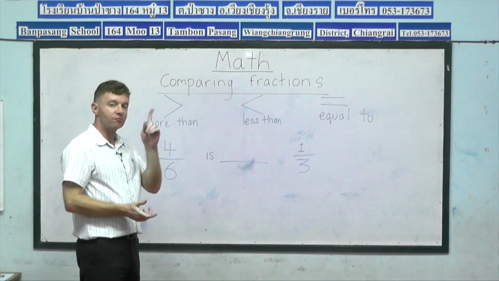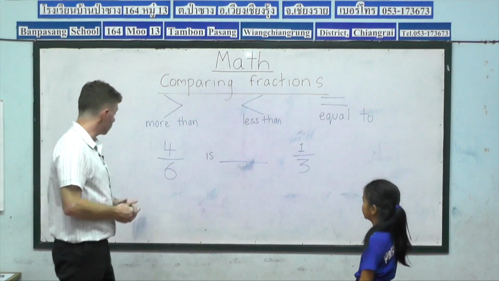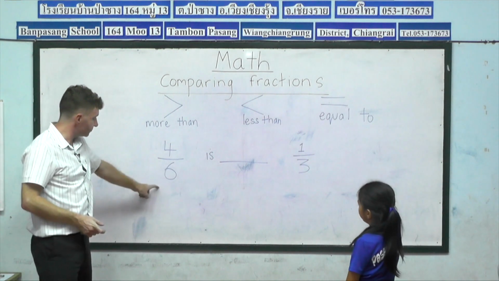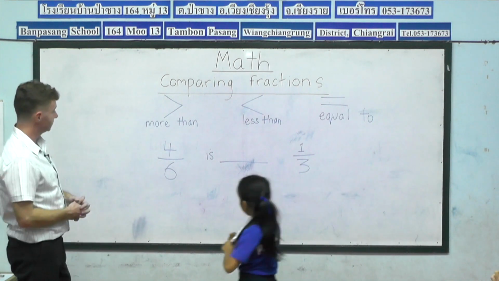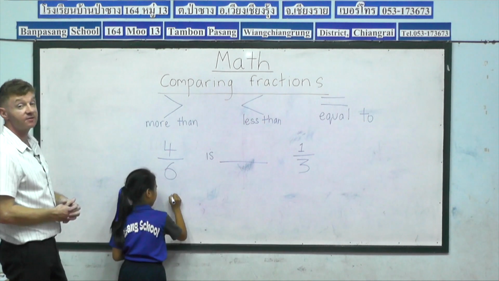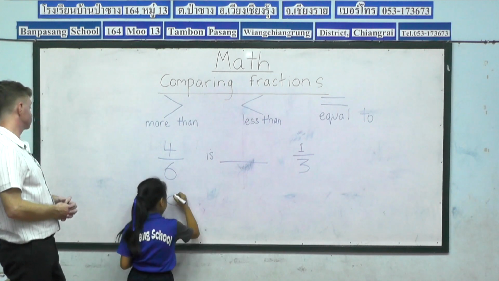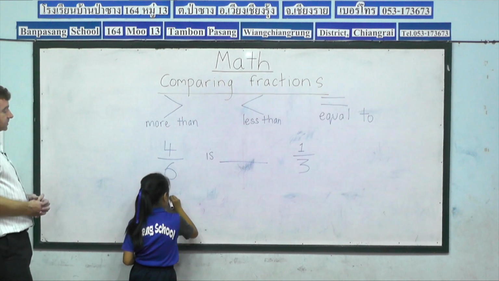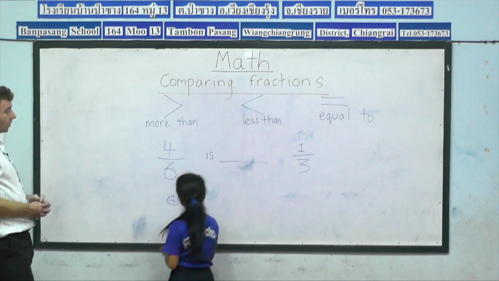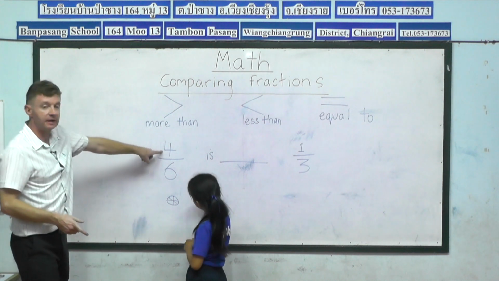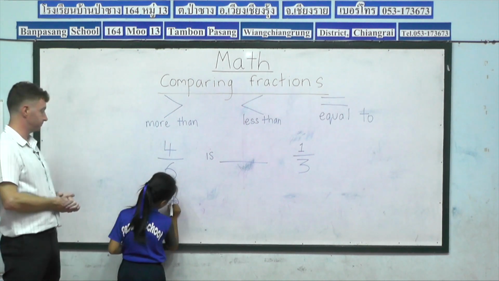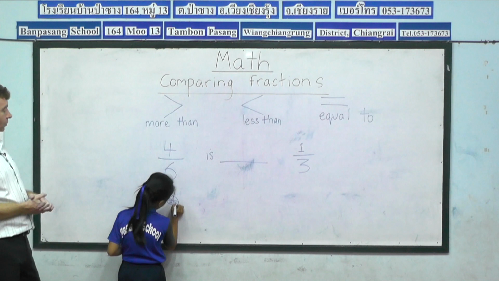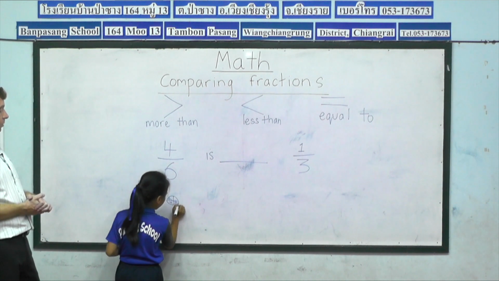And remember, it's always a good idea to draw your fractions too. So first circle here, please, Prau, with 6 parts to it. 6. Okay, now how many parts do we need to colour in? 4. 1, 2, 3, 4.